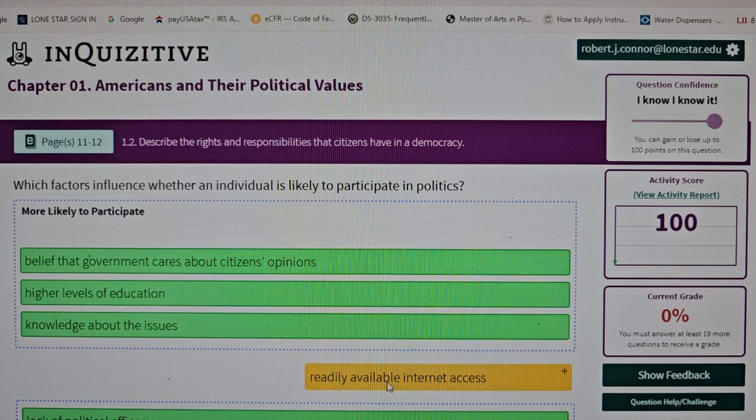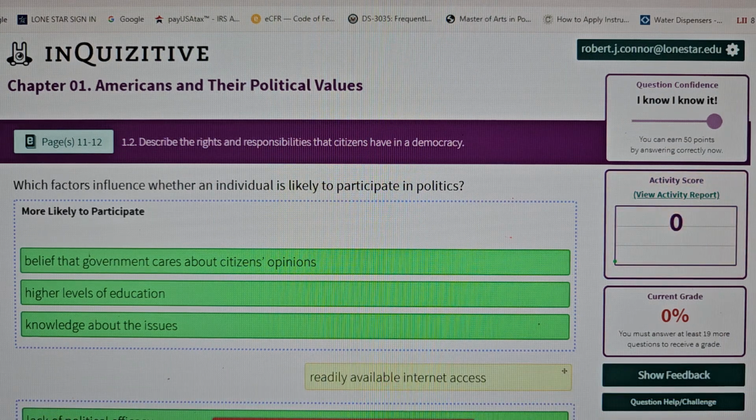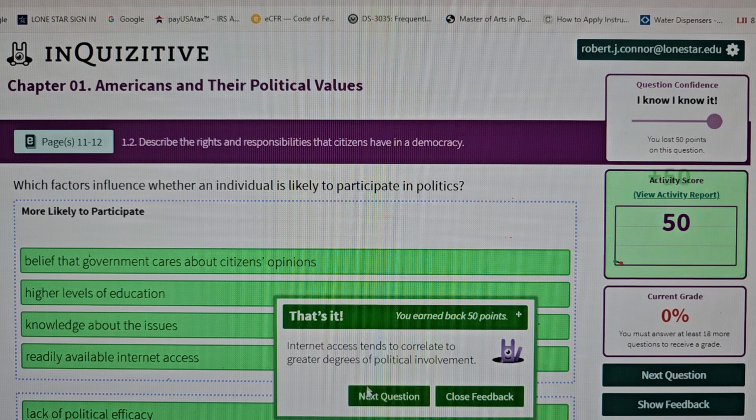So let's say less likely to participate and see if that's the one. Okay, that's not right. Okay, what they're saying, they say try again. Okay, they're saying that internet access makes you more likely to participate in politics because you can access websites that have news and social media and so forth.